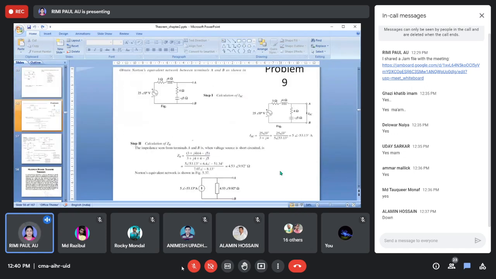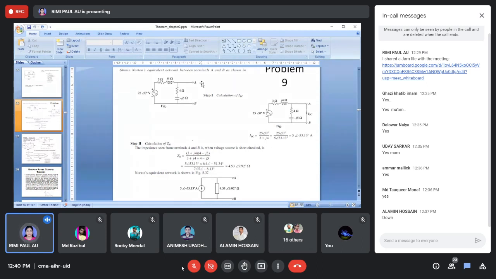So this is a circuit. We solved the same problem for the Thevenin's equivalent, when we applied Thevenin's theorem and got the Thevenin's equivalent network from this circuit. We have already gone through this. Now we'll see how to solve the problem if I want to apply Norton's theorem.